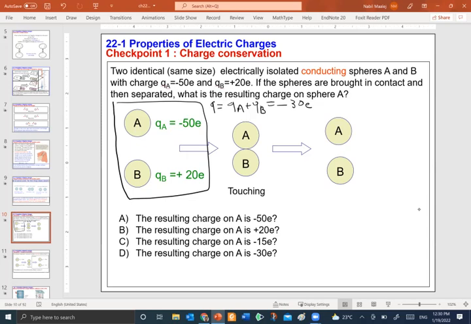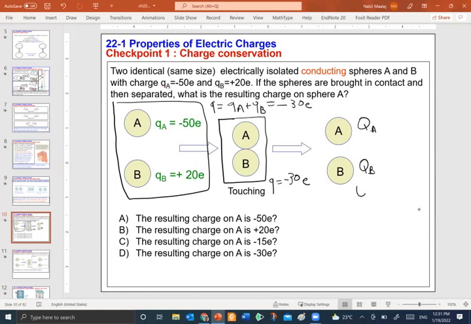Now, when you touch them, the system is still isolated, and Q is still equal to minus 30E. But because these are similar conducting spheres, when you separate them, let's say they will have capital QA and capital QB.